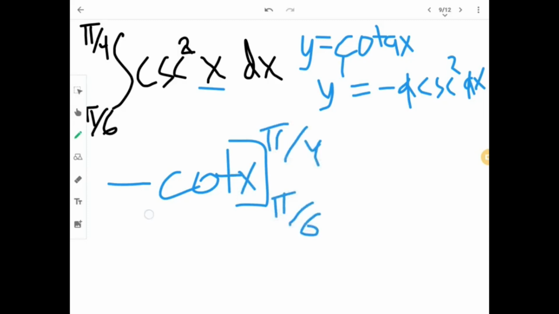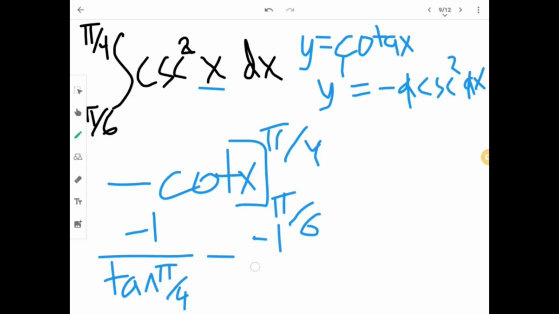Then you take your calculator out and do minus 1 over tangent pi over 4 minus 1 over tangent pi over 6.